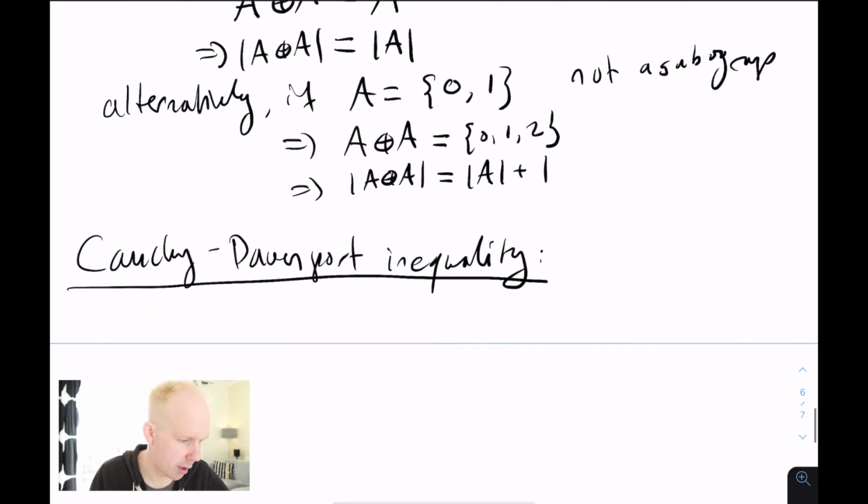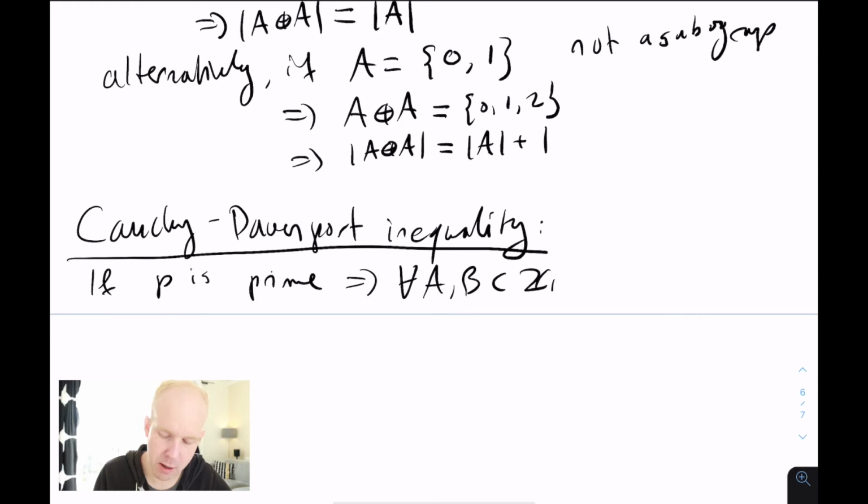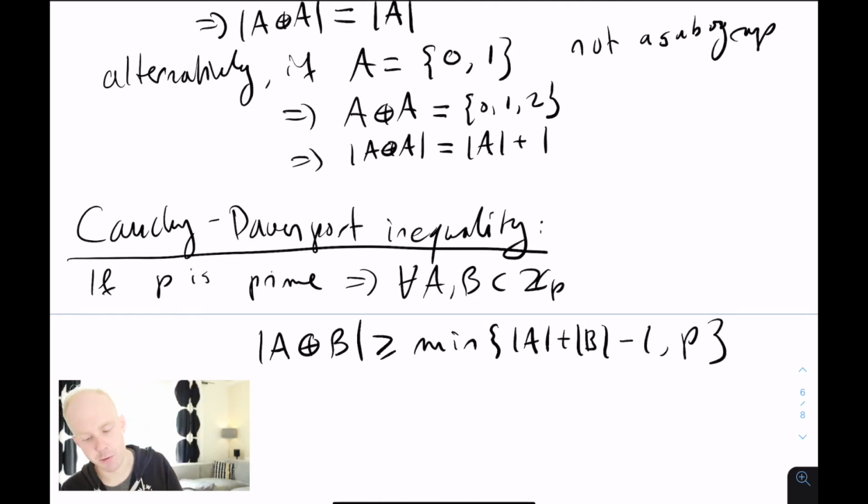It says the following: if P is a prime number, then for any A and B in Z_P, we have that the size of A plus B is bounded from below by the minimum of |A| plus |B| minus 1, and P. So there's some improvement that you could get.